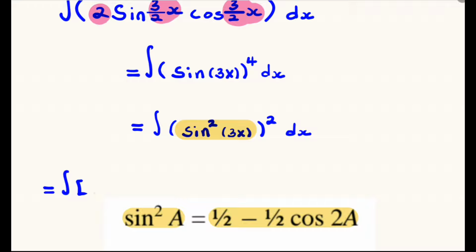So we have half minus half multiplied by cos 2a. Our a in this case is 3x, so the 3x will be multiplied by 2, and it will be equal 6x.